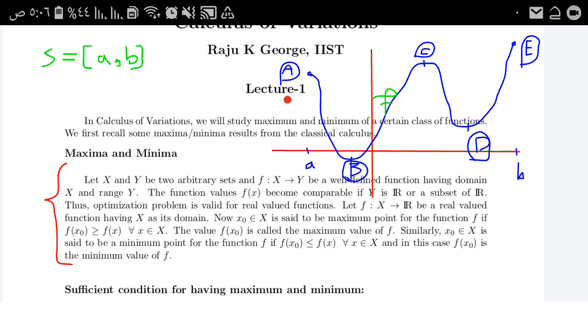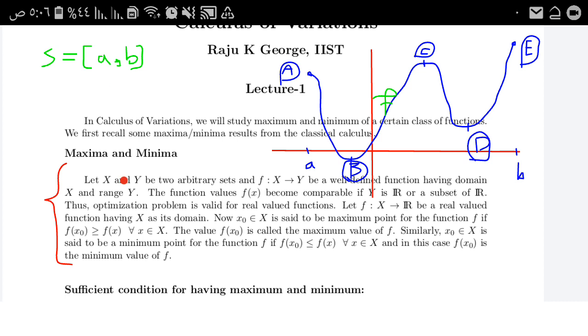Also, as we can see, the function f is continuous in this diagram, in this plot. The function f is continuous, and also the interval A to B is bounded and closed.